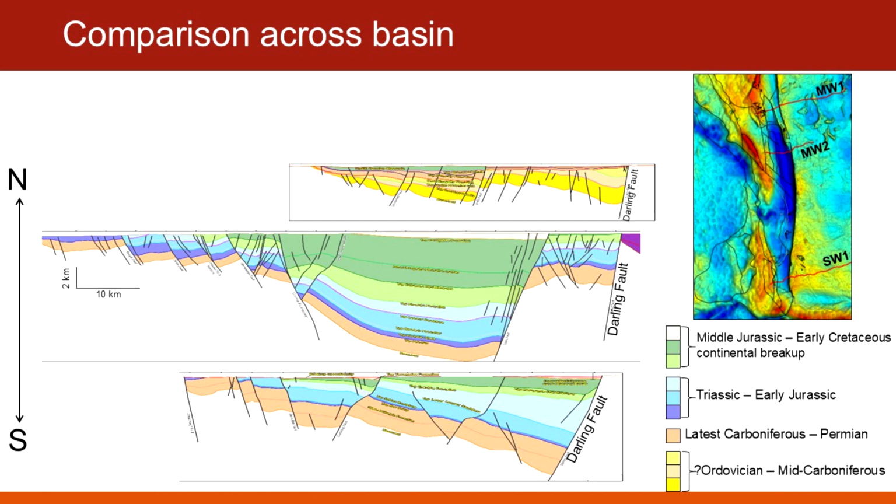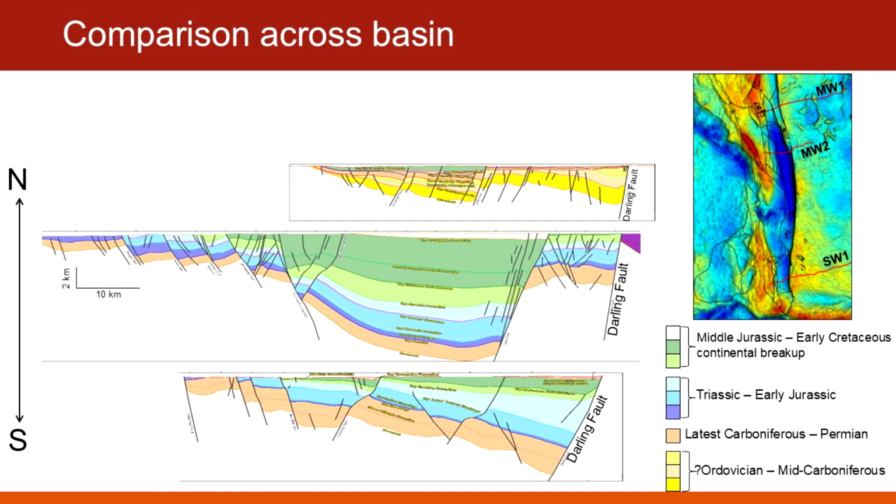And it's really better to consider this package to be an extension of the sedimentation in the Carnarvon Basin, which is further north. So the Carnarvon Basin is a much older basin and contains much thicker Ordovician to Middle Carboniferous rocks. I consider the true Perth Basin to be the Permian and onwards rift basin.